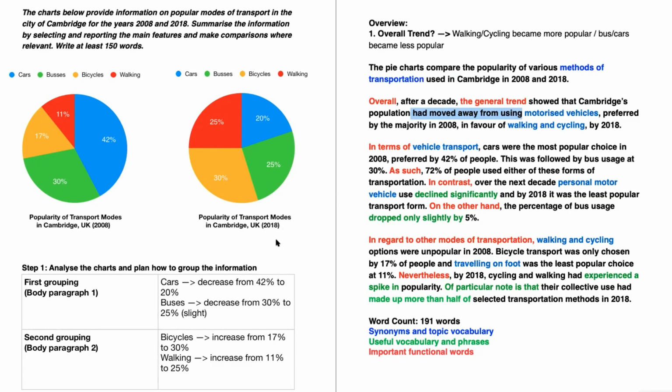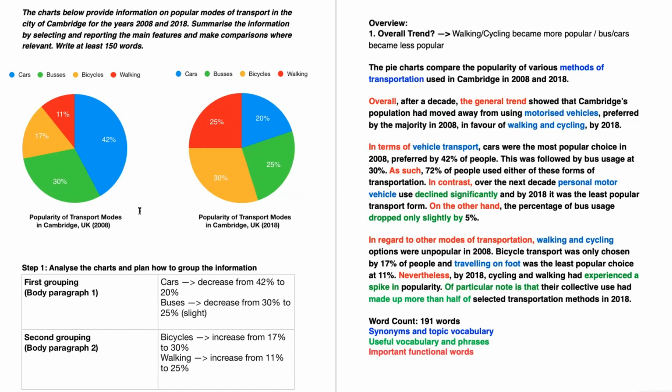Since we're after 2018, you need to use the past perfect when talking about something that happened in the past from a past standpoint. So it says here, it showed that Cambridge's population had moved away from motorized vehicles in 2018. And that was preferred by the majority in 2008.